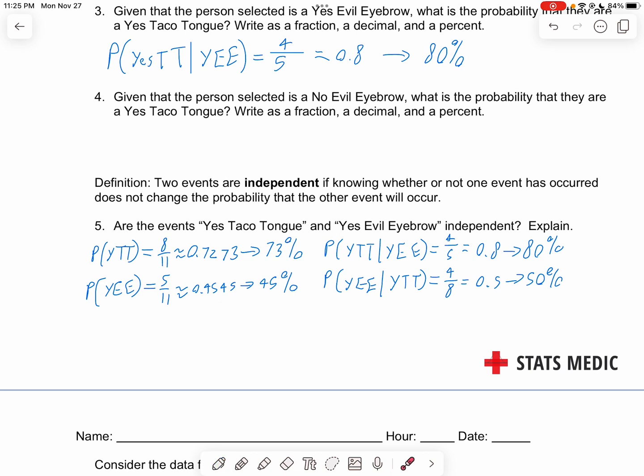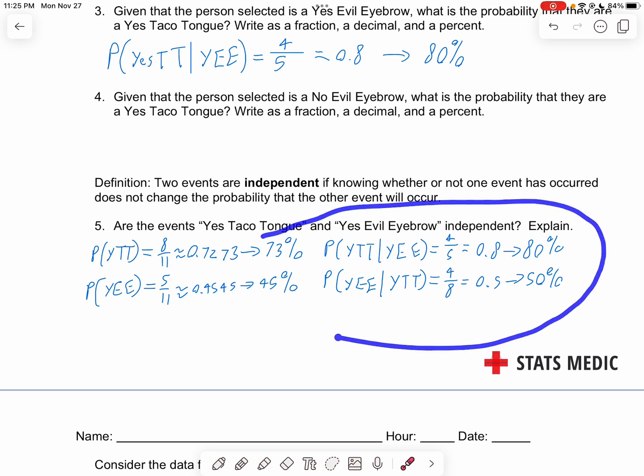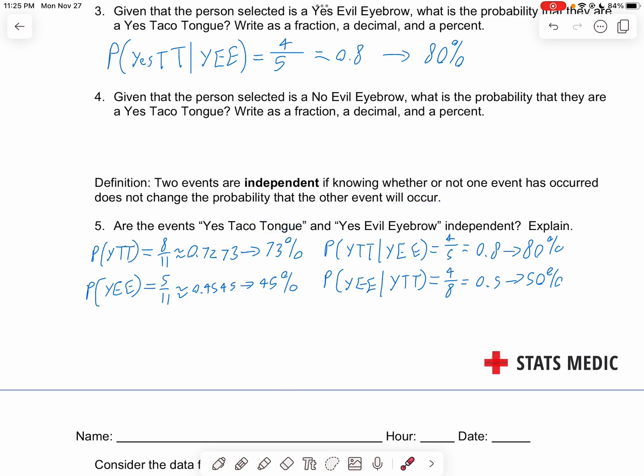Notice that these are pretty close together. Now, depending on what you're specifically looking for, you may say, again, that statistics aren't perfect. These probabilities are pretty close together because our sample size is so small. But because they're not exact, in this case, we're going to say, no, these two events are not independent. But sometimes we'll have to use discretion for that.